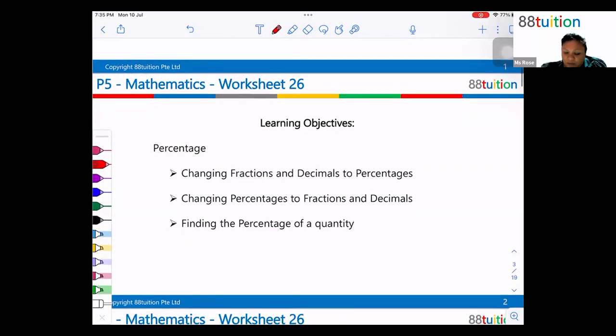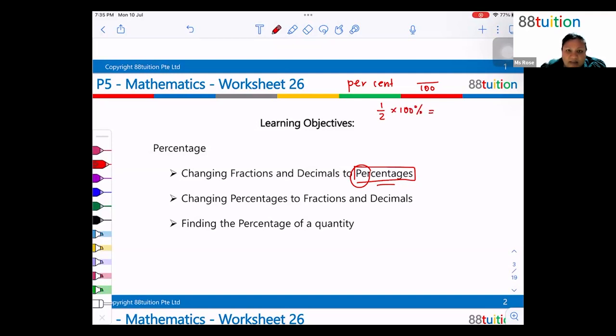Now, when we say percentages, what does percent mean? When we say percent, it means over 100. So if I have a fraction, let's say half, and I want to convert it to a percentage, I multiply by 100%.